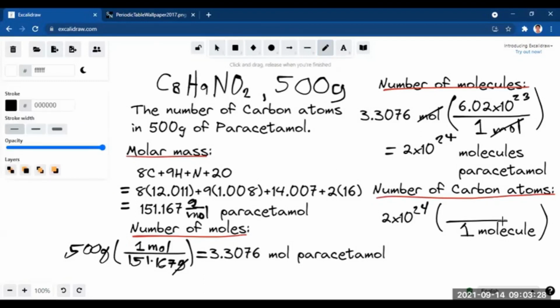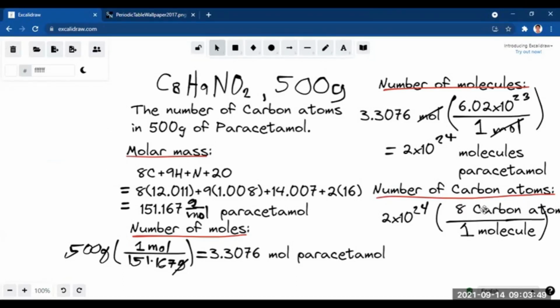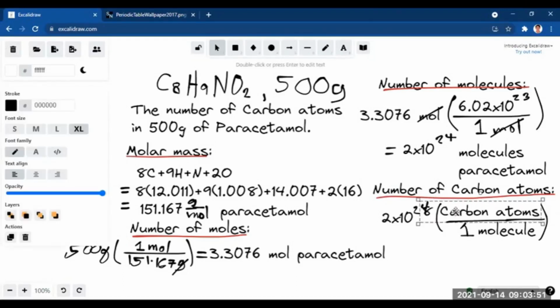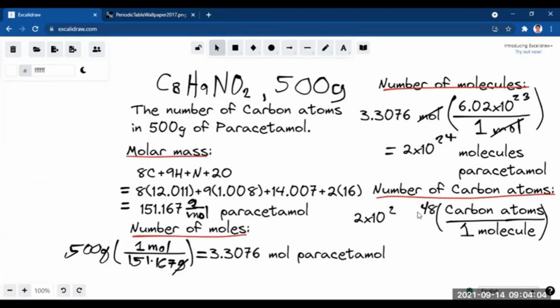And then in every molecule of paracetamol, we have 8 carbon atoms.